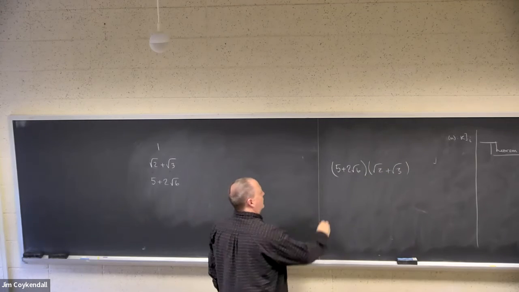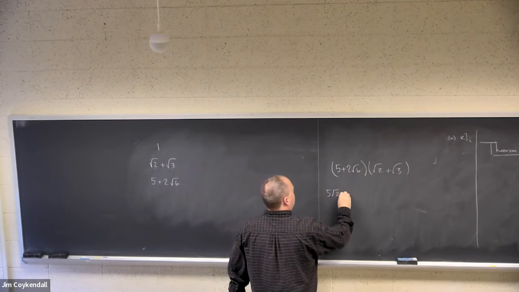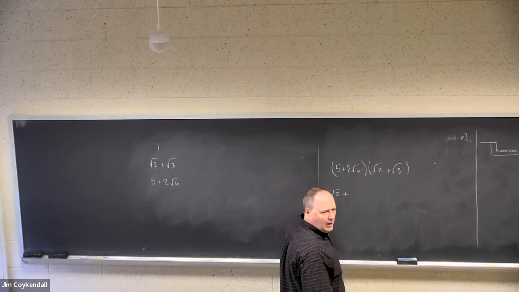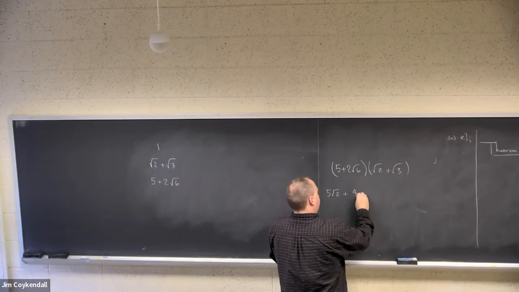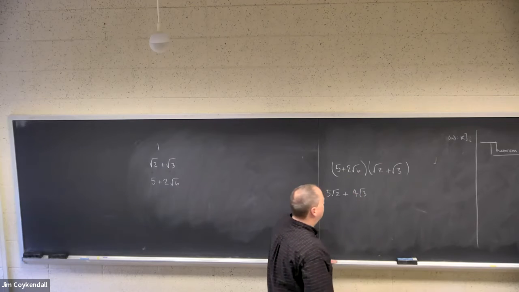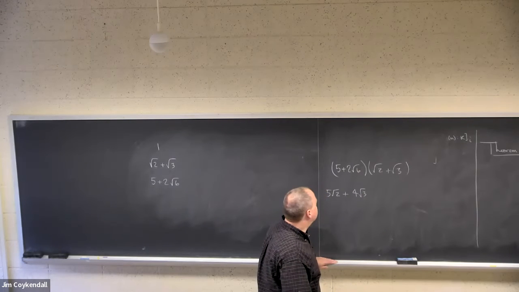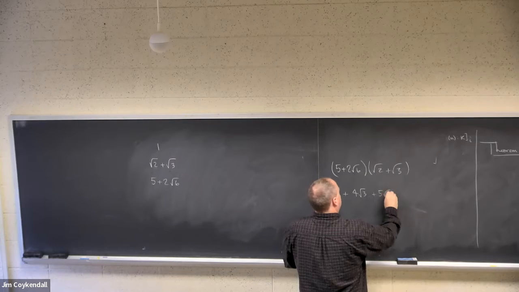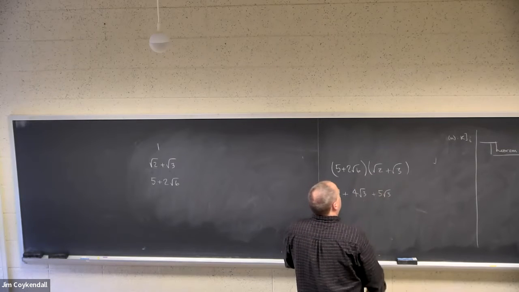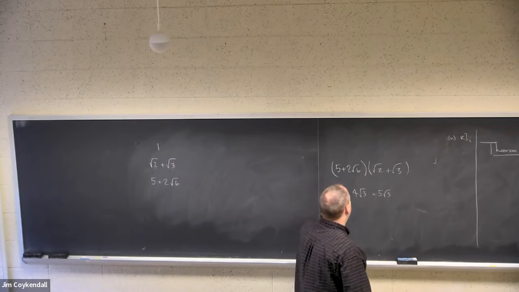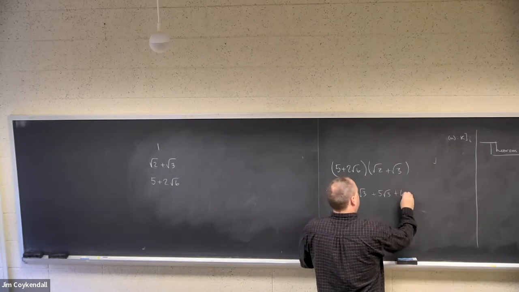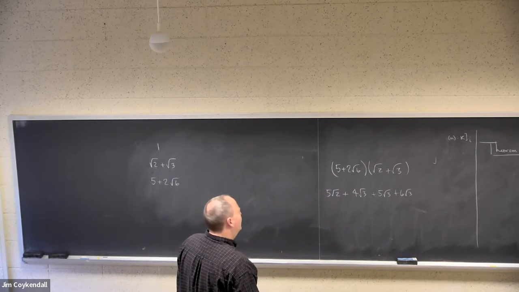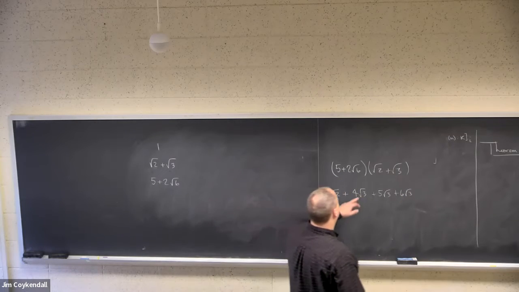So I get 5 radical 2 plus, let's see, that's going to be 2 radical 12, which is 4 radical 3. Then I'm going to get plus 5 radical 3. And then I'm going to get like 2 radical 18, which is 6 radical 2. So there's too many radical 3s here.